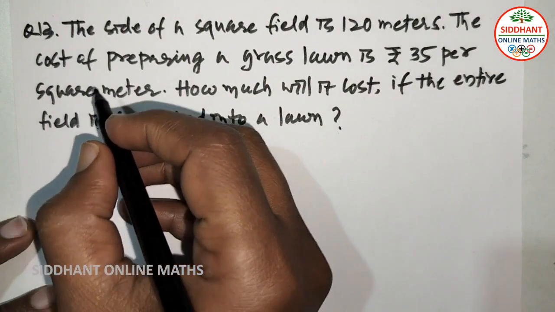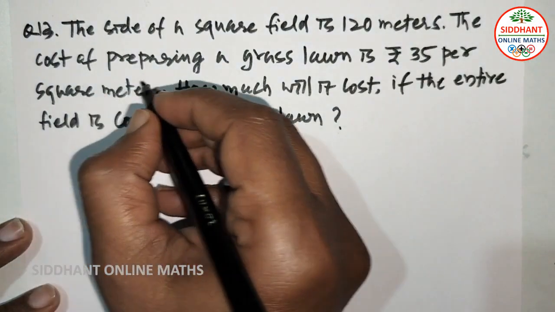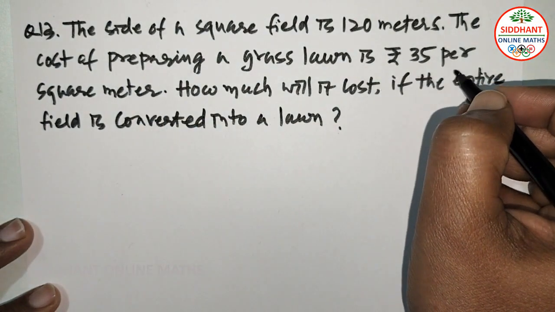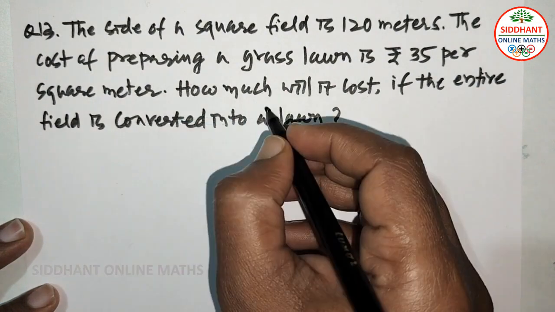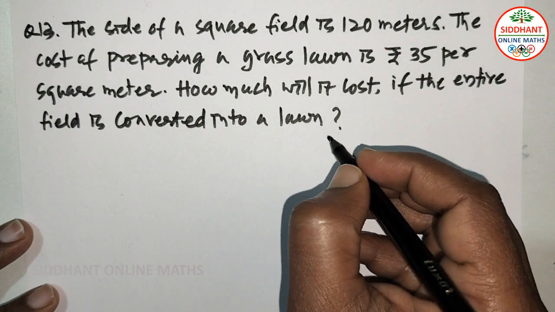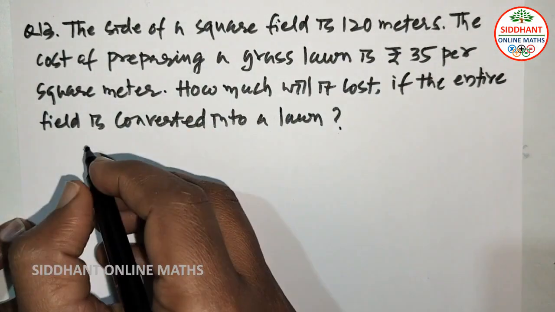Question number 13. The side of a square field is 120 meters. The cost of preparing a grass lawn is rupees 35 per square meter. How much will it cost if the entire field is converted into a lawn? So first we are going to find out the area of the square field.